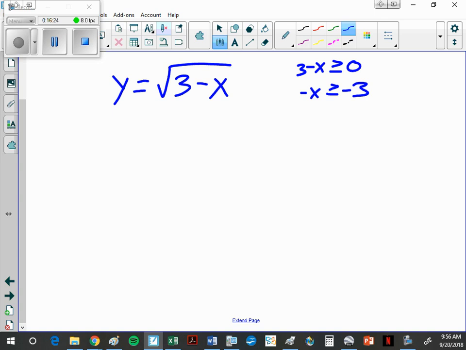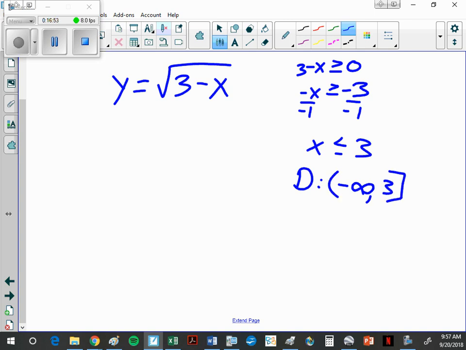Make sure you're watching this. Now what? Divide by -1, and I get x is less than or equal to 3, because whenever you divide or multiply by a negative, you have to flip the inequality. So my domain is negative infinity to 3.